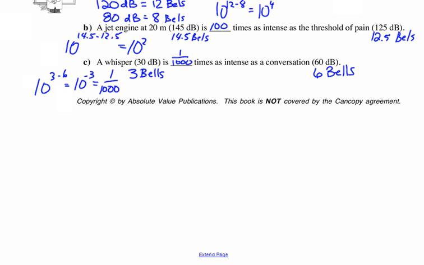So you should have had 10 to the negative 3, which is 1/1000, because you're going 3 minus 6, which is 10 to the negative 3.